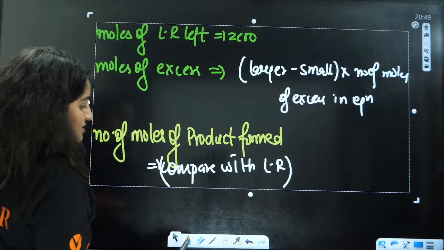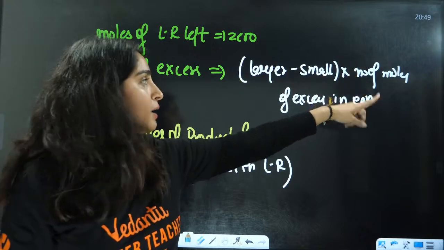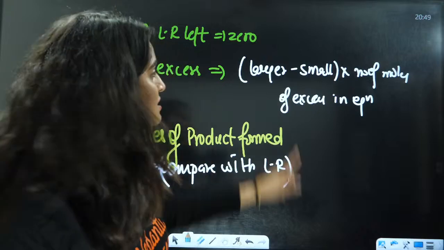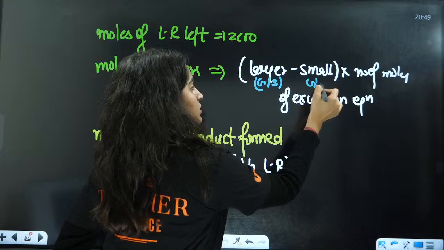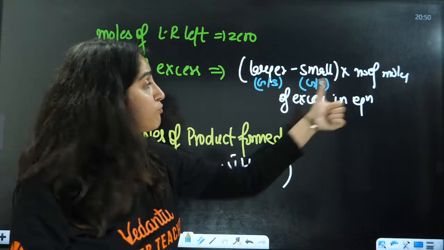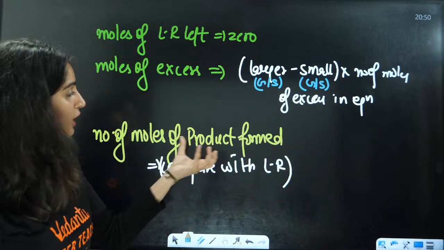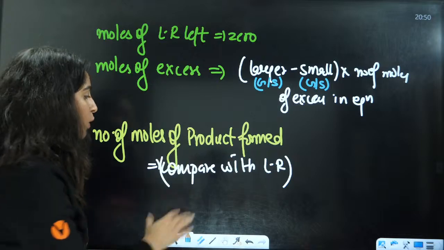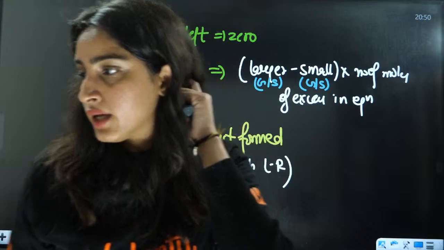The moles of excess reagent will always be larger minus smaller into the number of moles of excess. This larger is the value of G by S. This is also G by S. Larger minus smaller into number of moles of excess in equilibrium, and the number of product formed will always be according to the limiting reagent, right? Okay.